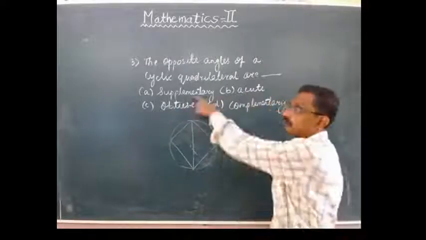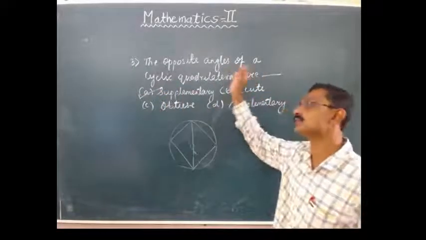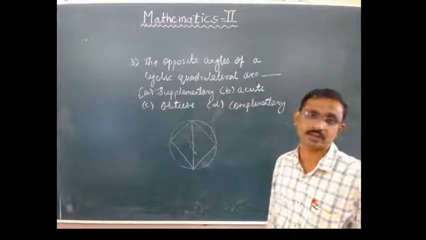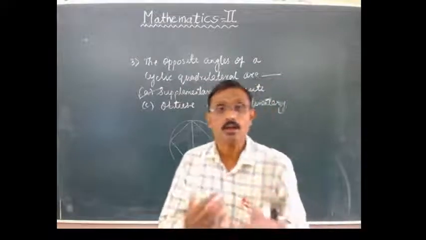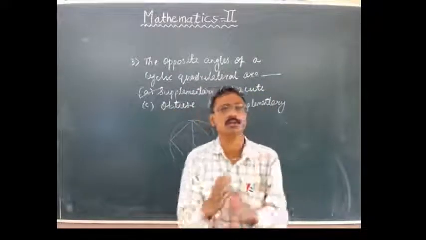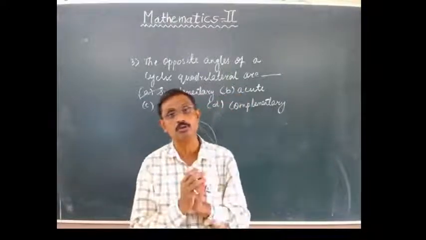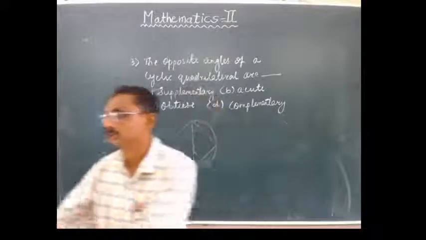That means our option A is correct. Like this, in circles, from the theorems and from small parts of the circle, you will see there are a lot of MCQ based questions. So let's move on to our next question.